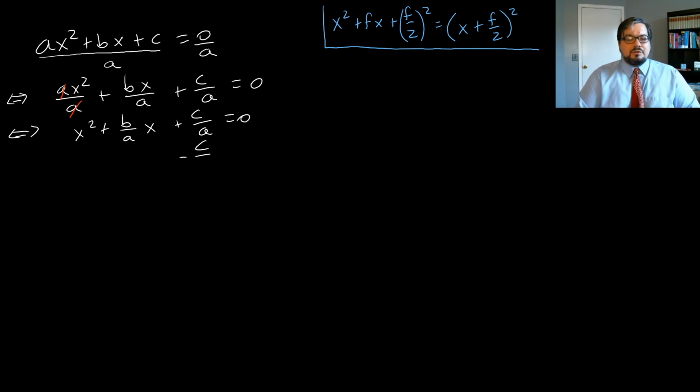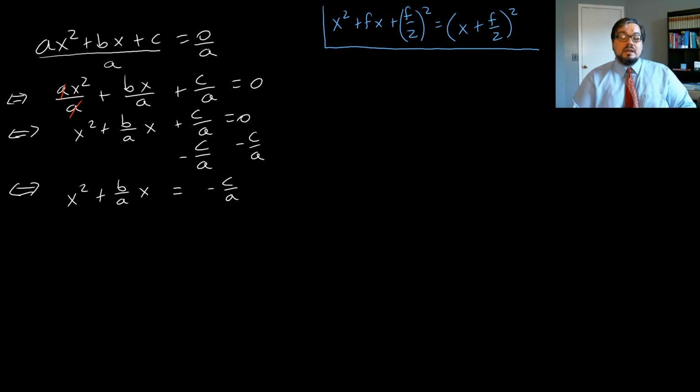Now I'm going to subtract c over a from both sides and get x squared plus b over a x equals negative c over a. Now here's where I'm going to use my completing the square fact.